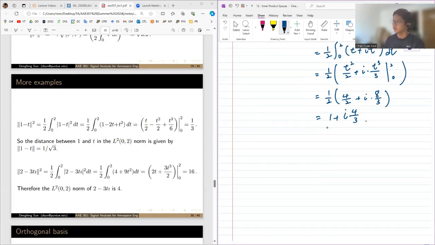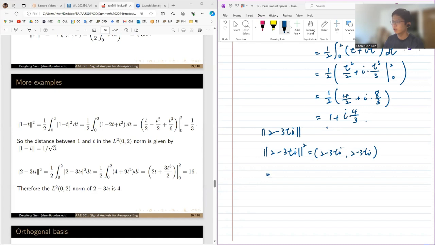And let's take a look at yet another example. Let's look at the norm of 2 minus 3ti. To compute this, let's first compute the squared norm of 2 minus 3ti. That's basically going to be the inner product of 2 minus 3ti with itself.